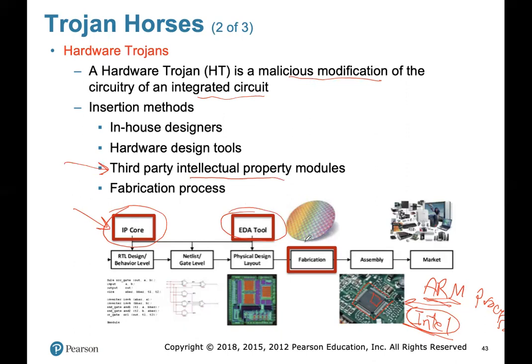And the third option for having Trojans inserted in a chip is the fabrication. Again, it used to be that deployment happened at Intel, but now companies send their designs for fabrication, for making the real chip, to different companies. They're called foundries.